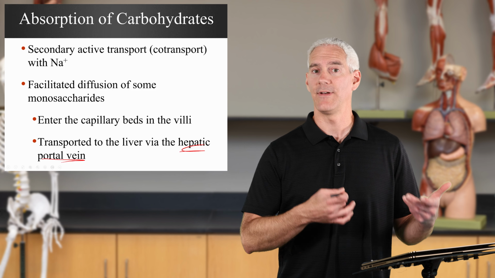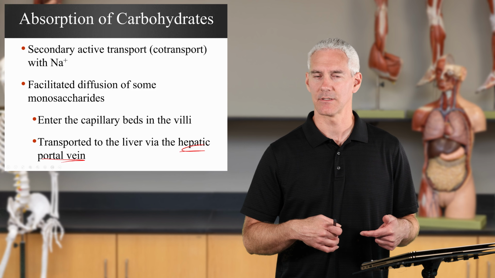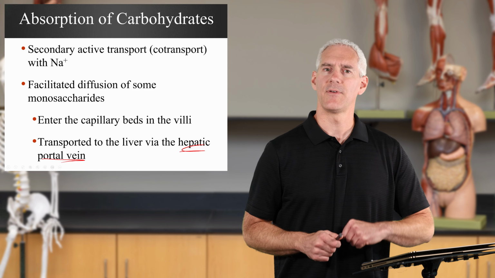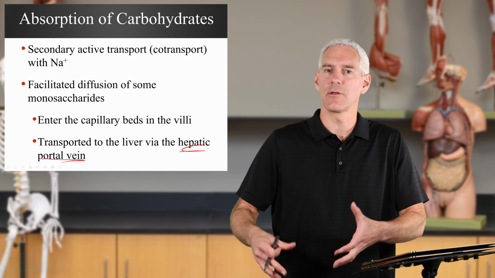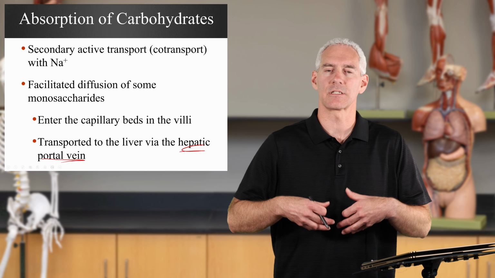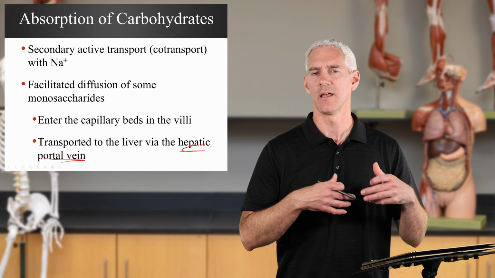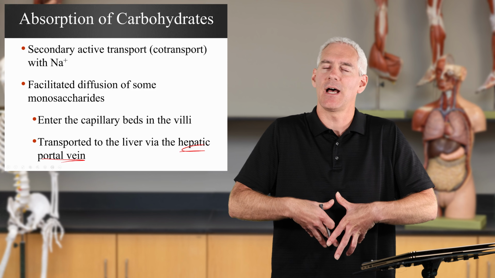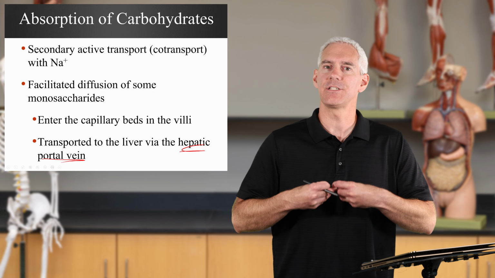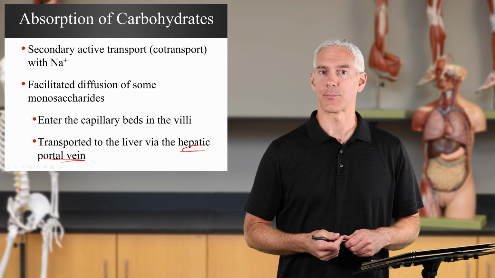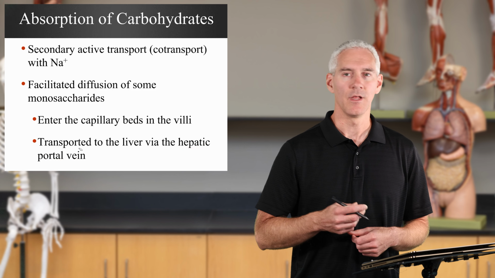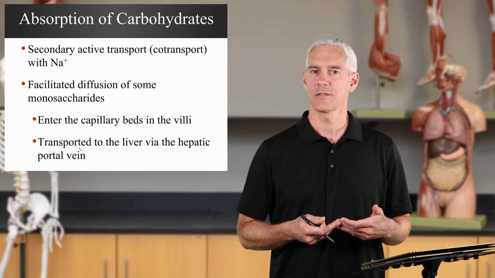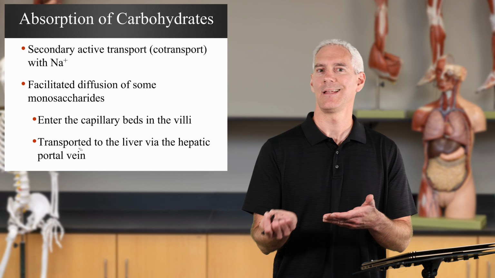Remember the hepatic portal vein we've mentioned briefly in this chapter, but we mentioned it back with the blood vessels also. The hepatic portal vein is allowing for all of the blood from your small intestine, large intestine, stomach, everything heading from the GI system up into the liver, allowing the liver to process and detoxify. So we're going to have to go through the mucosa, absorption, and head to the liver.